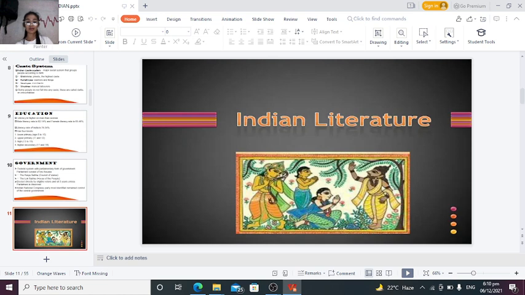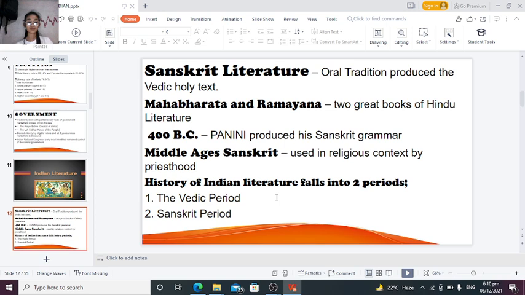Now let's talk about the literature of India: the drama, the prose, and the poetry. We have here the Sanskrit literature. It means the oral tradition produced the Vedic holy texts. Indian literature has two great books, the Mahabharata and the Ramayana.